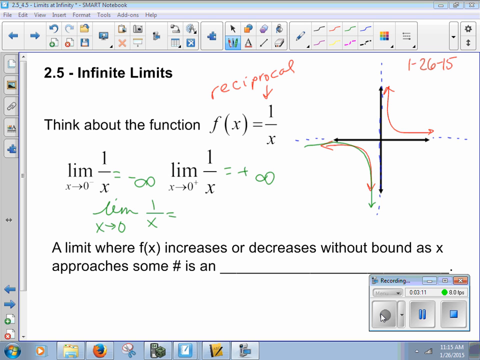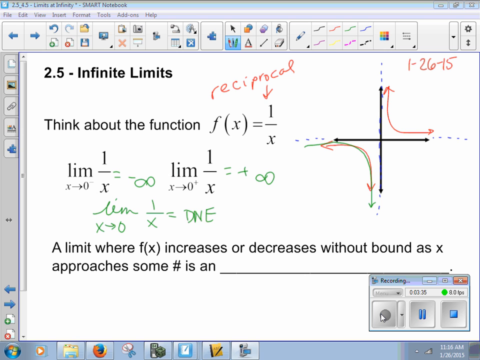If the left-handed limit goes to negative infinity and the right-handed limit goes to positive infinity, will my fingers ever meet? No. This one is a DNE. It does not exist. Okay?